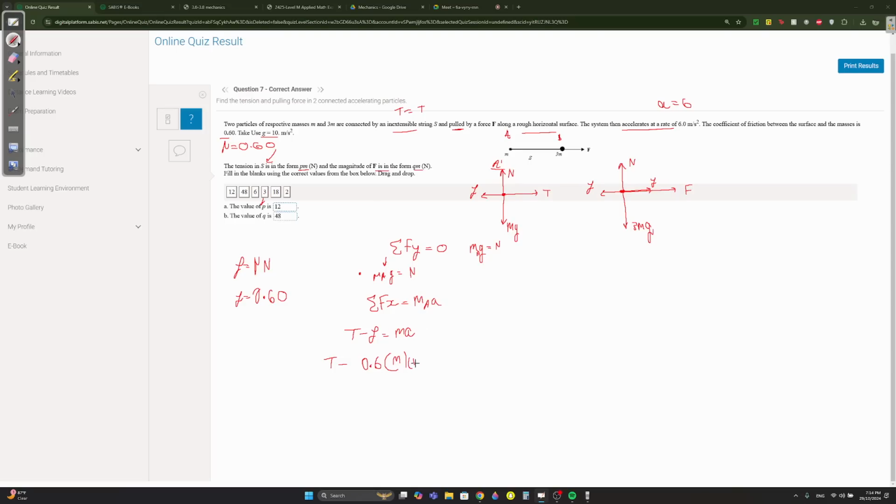So I'm going to put it as 10, equal to the mass. They said the mass is m. The acceleration, what's the acceleration? 6. So this is going to be T minus 6m is equal to 6m. What's T equal to? 12m. So what is the tension? It's something m. What's that something? P. 12. Easy. This is for block A.